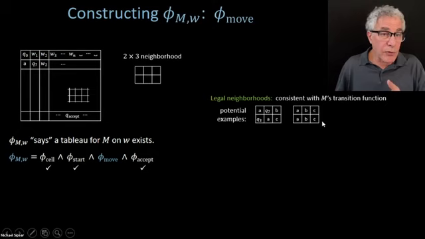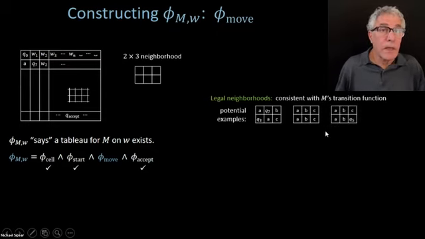Another legal neighborhood, this would always be a legal neighborhood, is if nothing changes. That means the head of the machine was somewhere else, and whatever was on the tape in this step is going to be the same stuff in those places one step later. Here's another possible legal neighborhood.